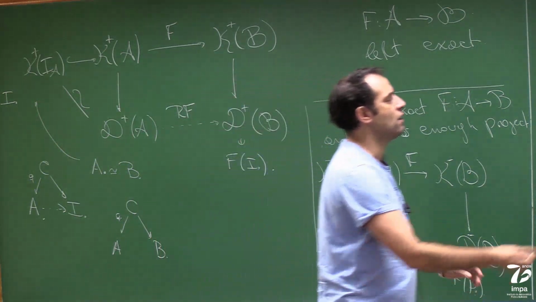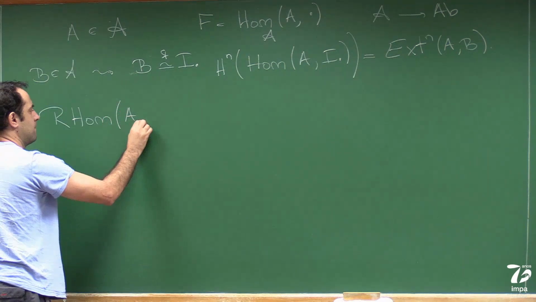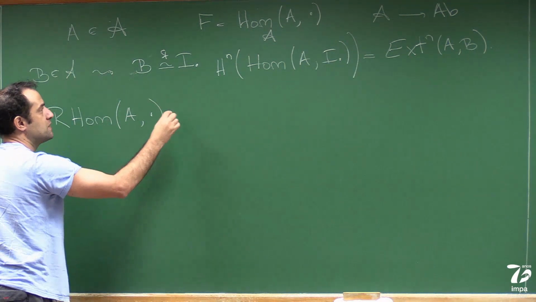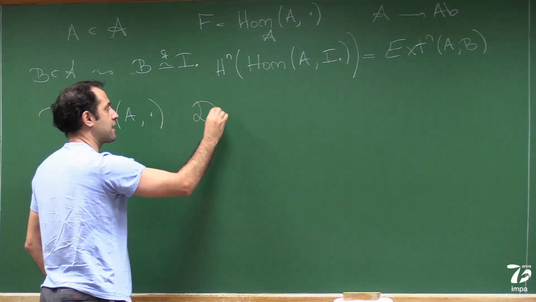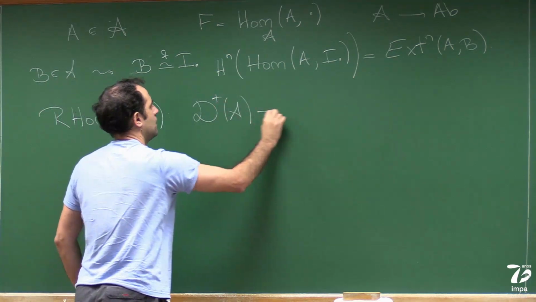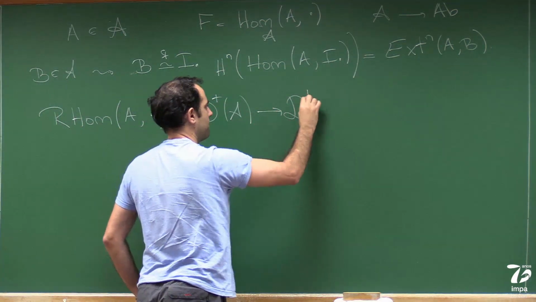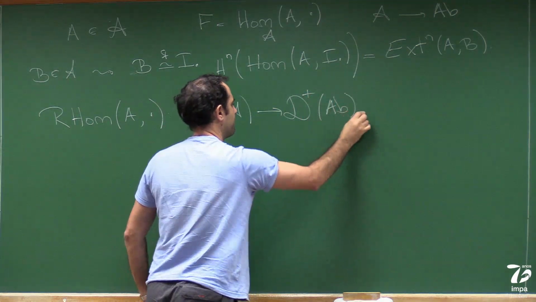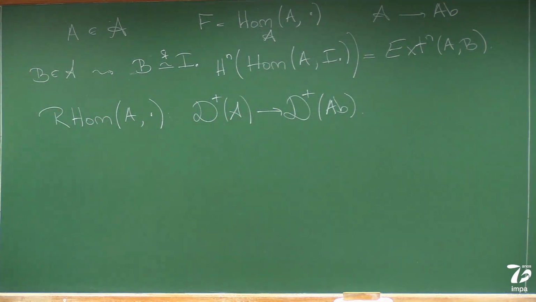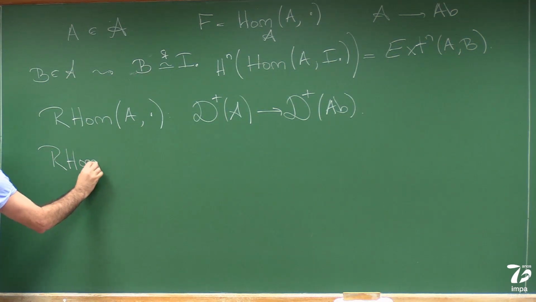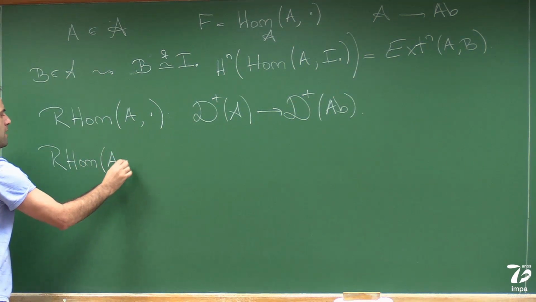So I have this RHom(A, -), which is the corresponding functor between the derived categories, D^+(A) to D^+ of abelian groups. And what I could do is just take our RHom(A, B).